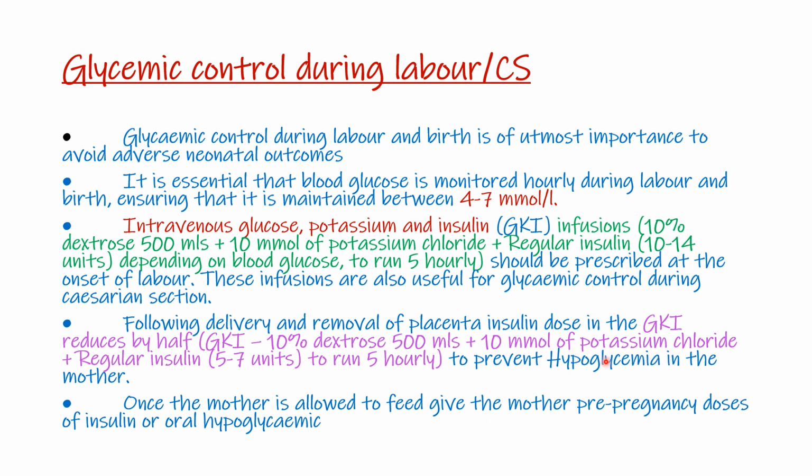What you have is the insulin. So you give 5 to 7 units of insulin to run 5 hourly to prevent hypoglycemia in the mother. Once the mother is allowed to feed, then you give pregnancy doses of insulin or oral hypoglycemic agents.